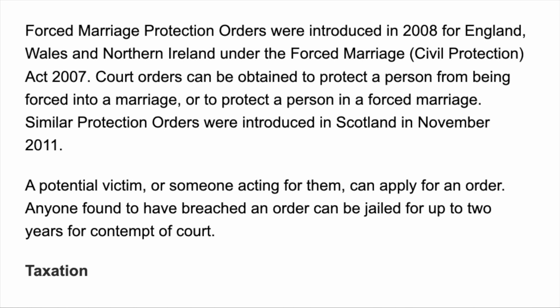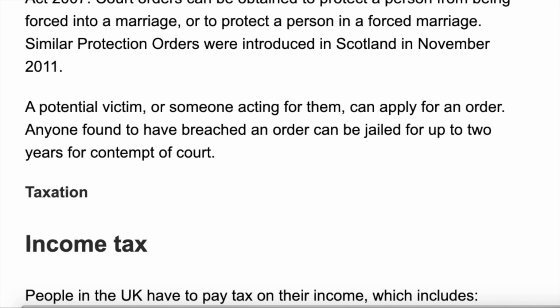Similar protection orders were introduced in Scotland in November 2011. A potential victim or someone acting for them can apply for an order. Anyone found to have breached an order can be jailed for up to 2 years for contempt of court.